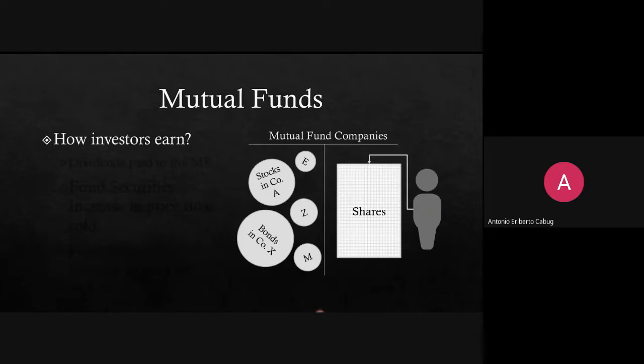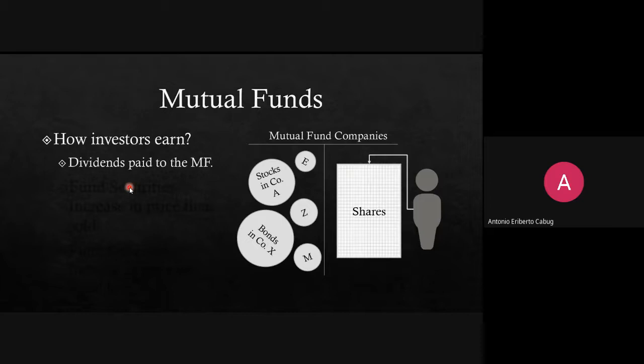This is the new part of the lesson. How do investors earn? Now, what happens here is that the investor is going to purchase a share of stock in the mutual fund company. How will the investor earn?